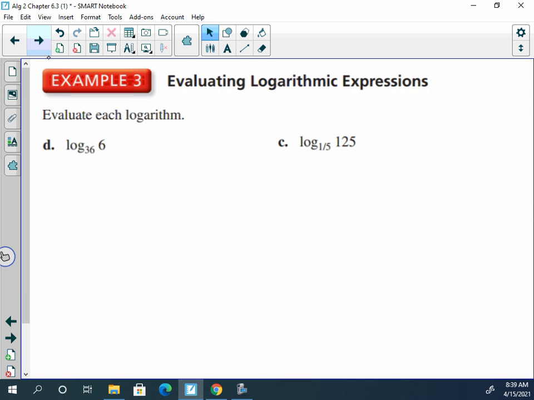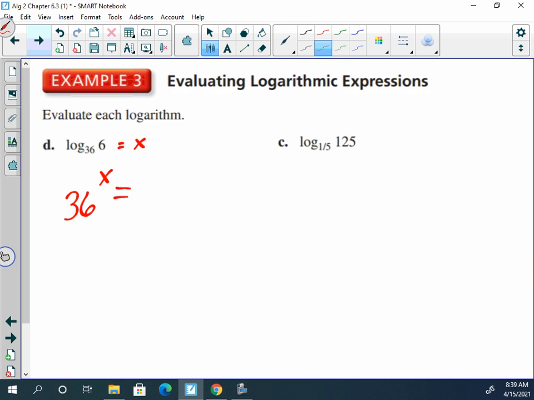So log base 36 of 6 is 1/2, yes? If I rewrote this as an exponential, we'd have 36 to the x is equal to 6, yes? Well, what would I have to do to 36 to get it to be 6?